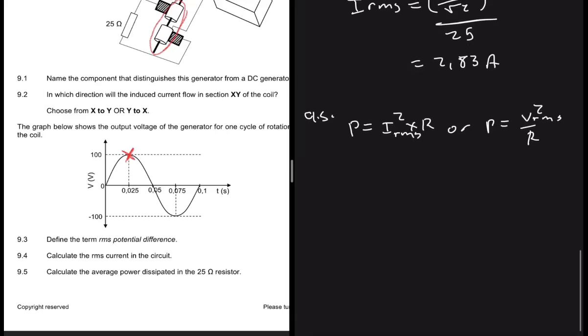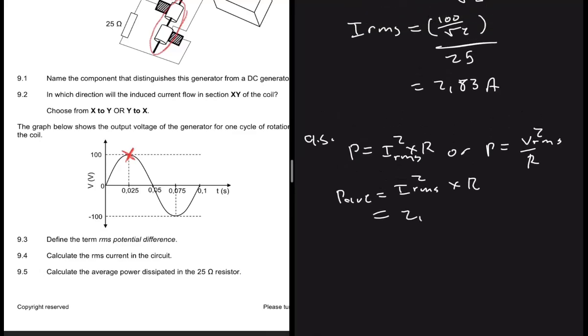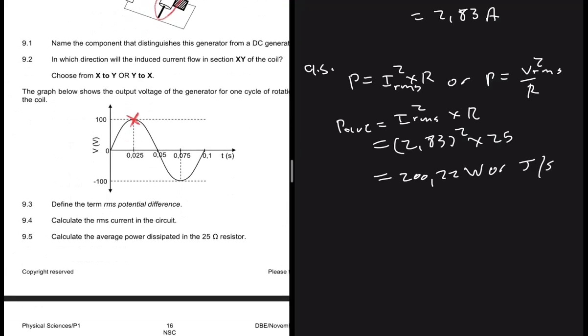So if we go ahead and do that, we're going to have average power equal to IRMS, which we just calculated, squared multiplied by the resistance. So our IRMS is 2.83, and then we square it and multiply by 25. That would give you a value of 200.22 watts or joules per second, and then you'll be done with that question.